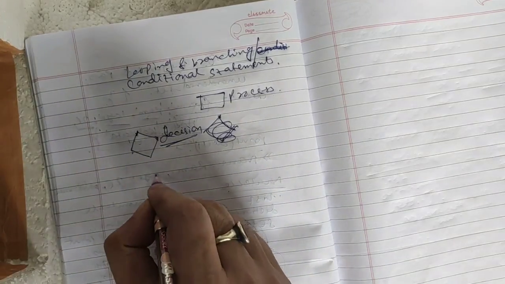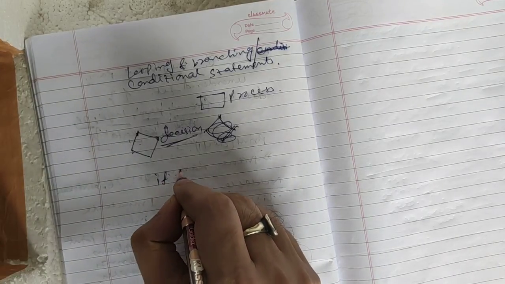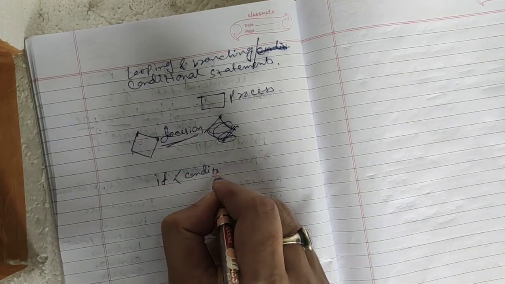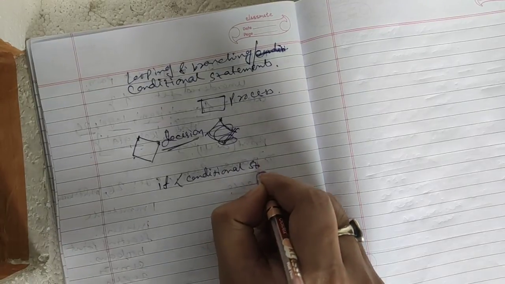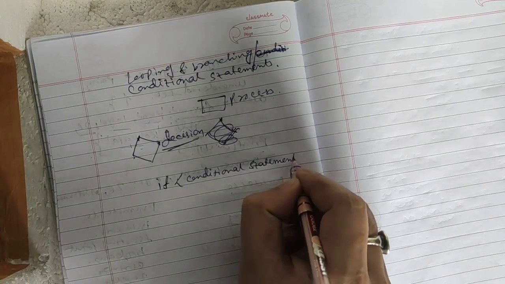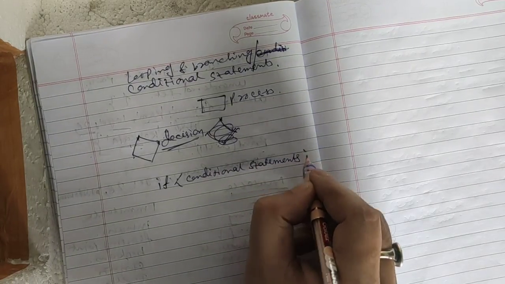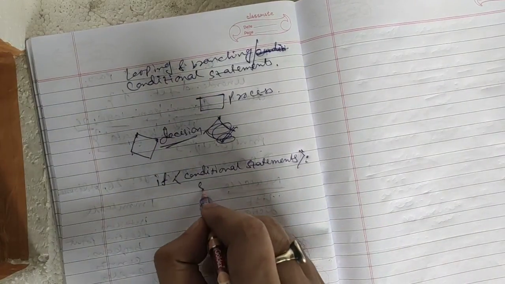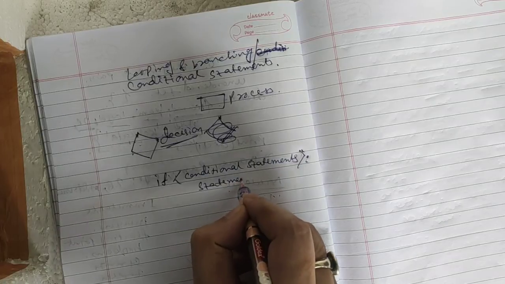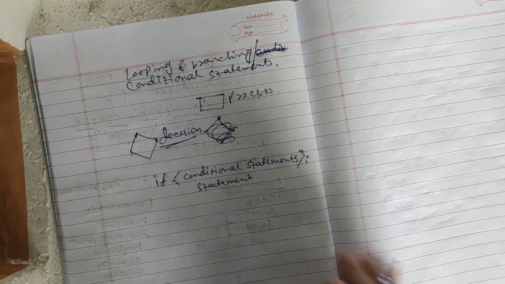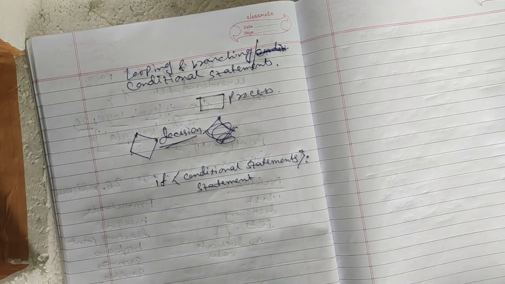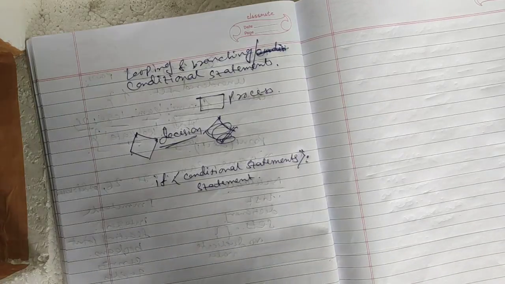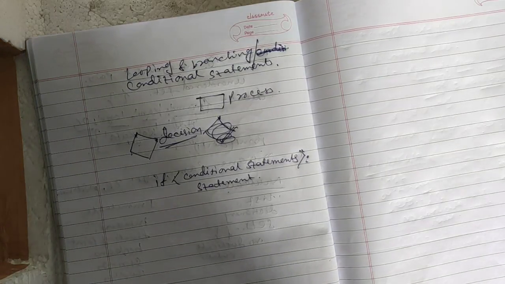So first we give the if, then a conditional expression, colon, then an indentation, and within the if there are some statements. This is the syntax of the if.